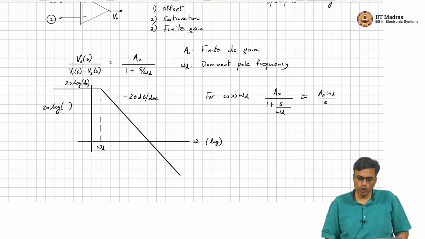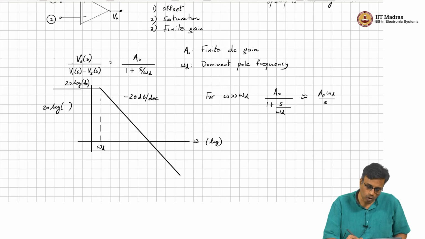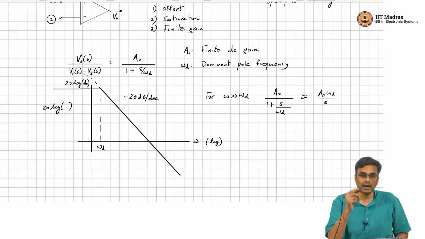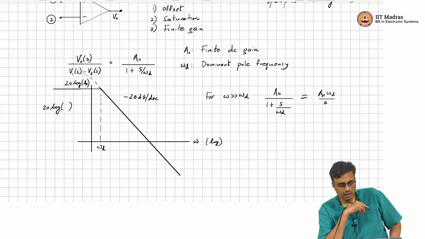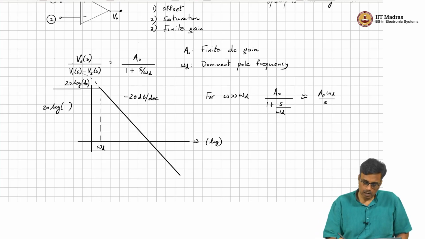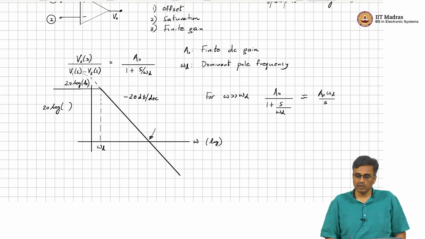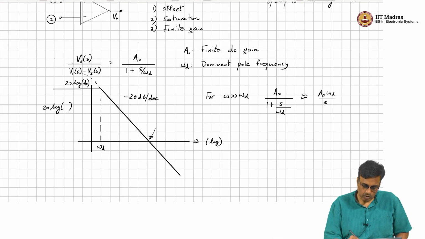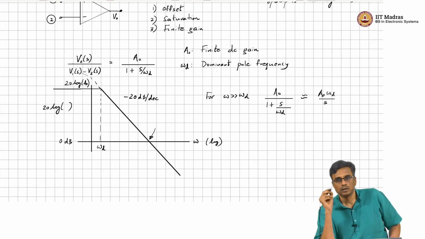And of course, the true A naught omega D by s would basically go off to infinity along that line, right. But in practice below omega D, the gain cannot become infinite, it is some finite large number. And so, what comment can we make about that frequency there? I mean, so this is 0 dB. What comment can we make about that frequency?